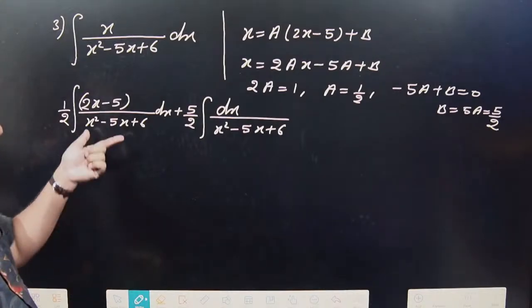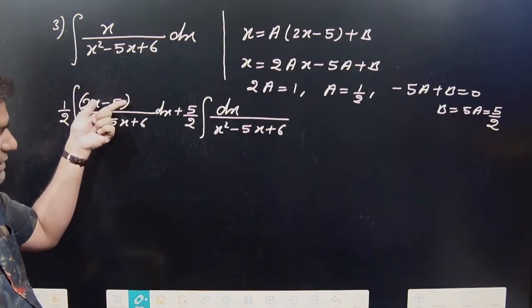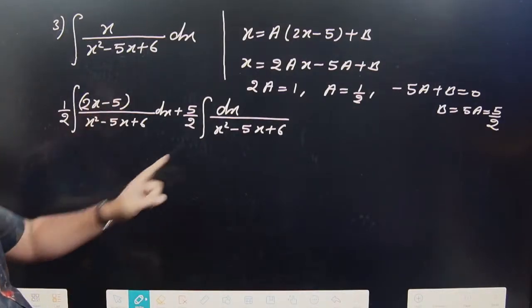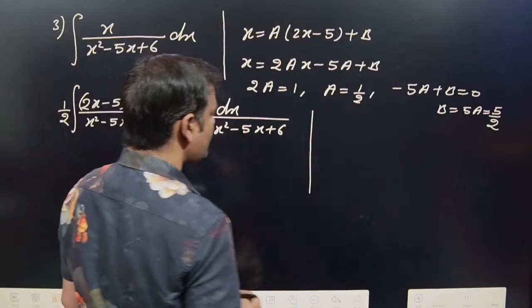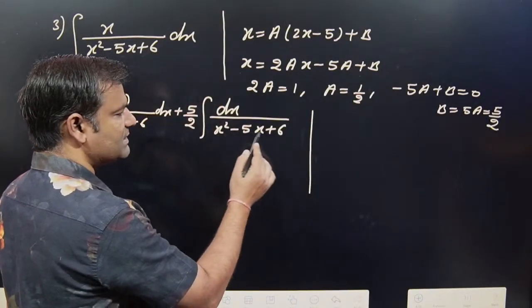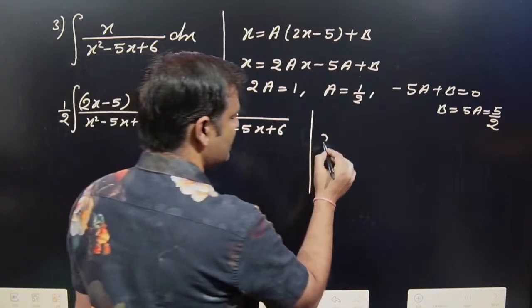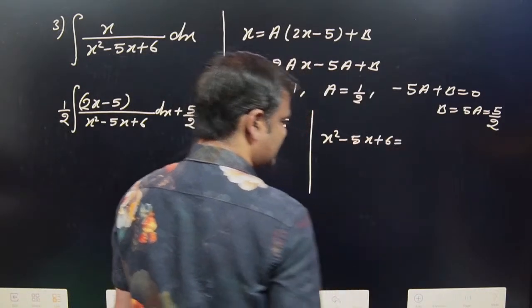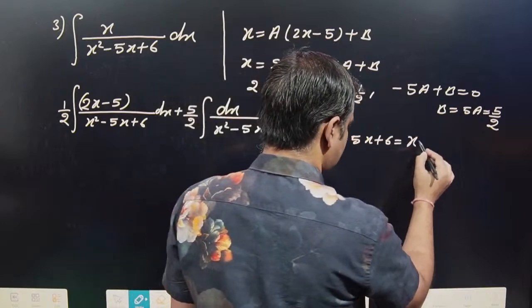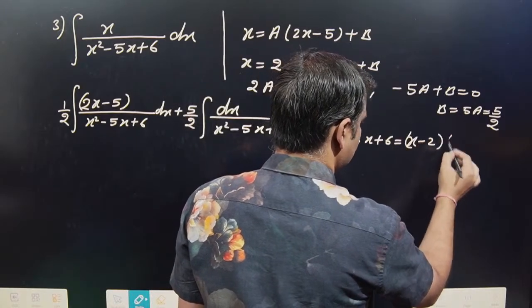Now look here, if this is t, then that is dt. And how can we solve this type of problem? Simply, here x square minus 5x plus 6 is written as x minus 2 into x minus 3.